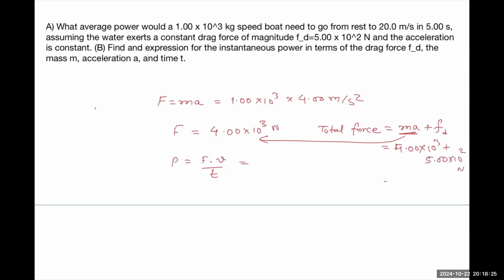Yes, and then the total force is 4.50 times 10 to the 3. Then you use this force divided by 10 to the 3, which is equal to 45.0 kilowatt.